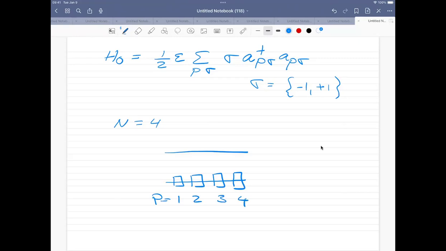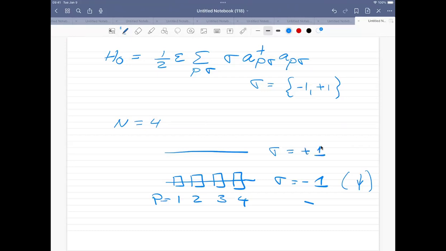Now this state here has sigma equal to -1. Often you would just draw this as an arrow which goes down, so you can think of that as a spin down state. It doesn't need to be that. It could just be thought of as an additional quantum number which lives in another space than the quantum numbers p. So your state here would be the tensor product of, let's say, one particle in state 1 with this spin part. And then we have the upper state, which has sigma equal to +1.